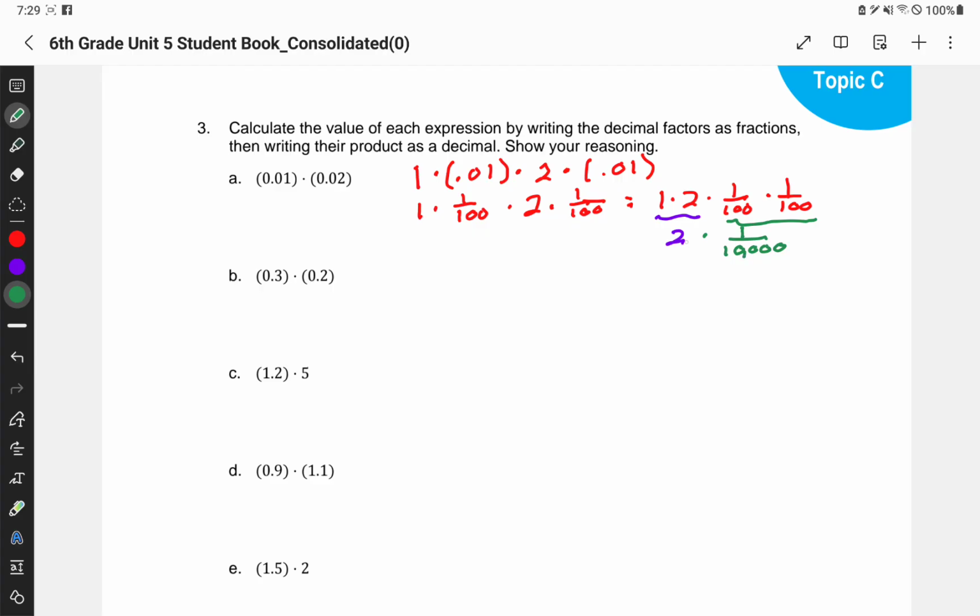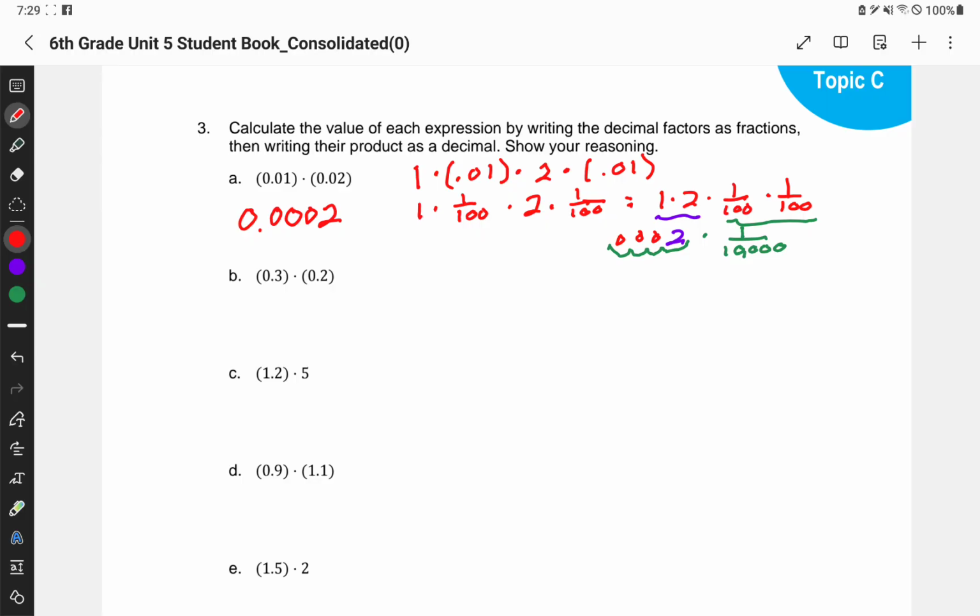So I move the decimal place 1, 2, 3, 4 spots to the left. And so my answer is 0.0002.